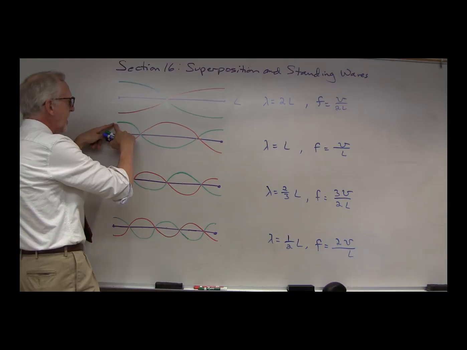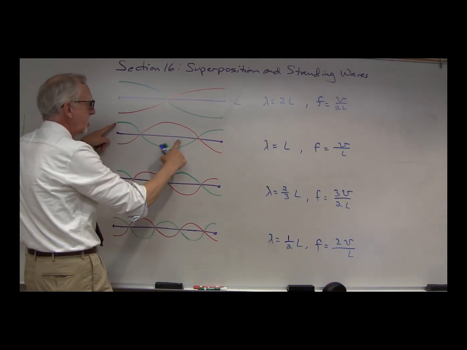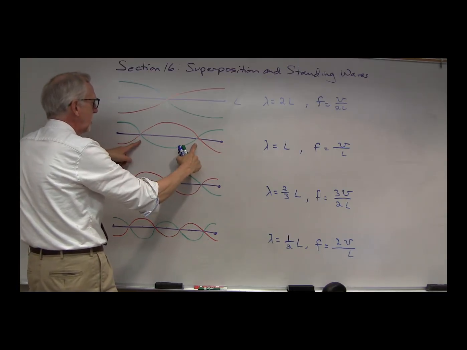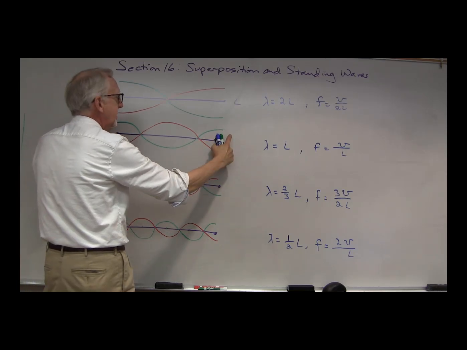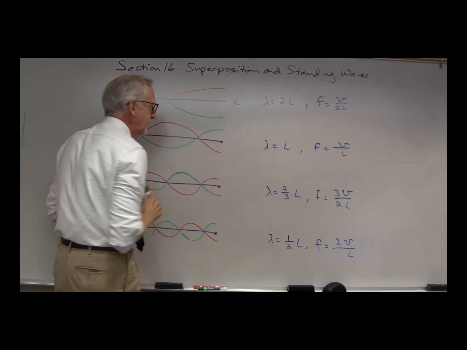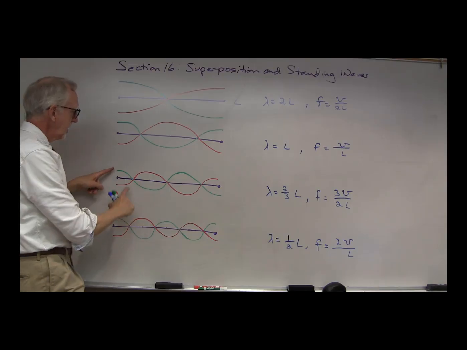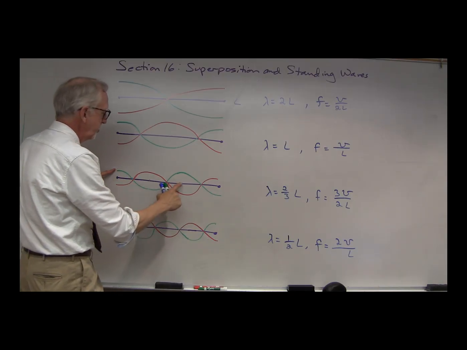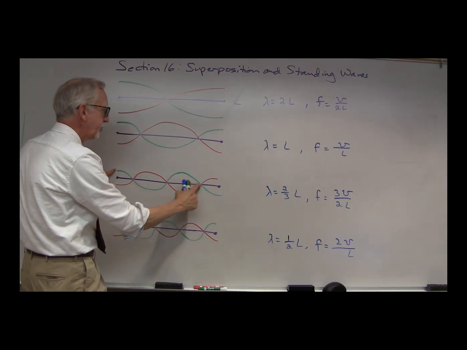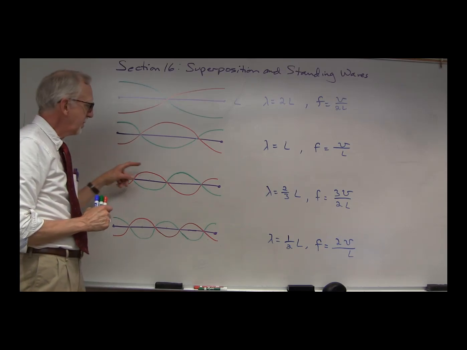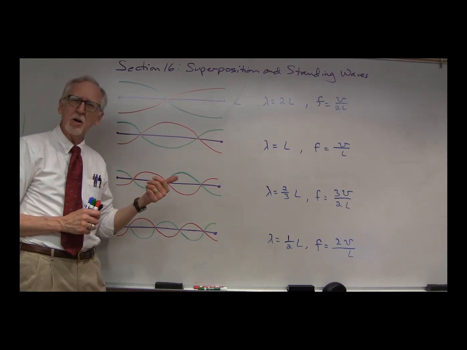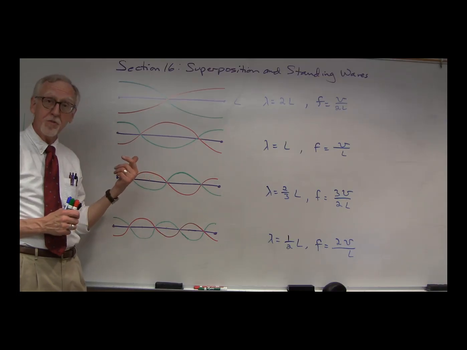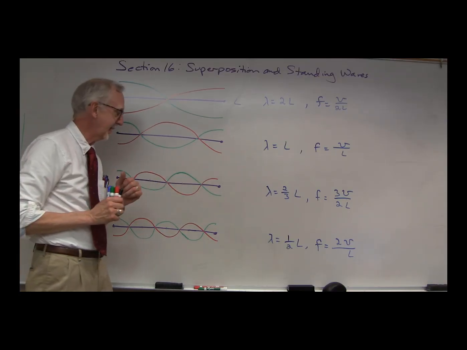For this one, we've got antinode, antinode, antinode, and 2 nodes. That makes 1 complete wavelength, so the wavelength is just the length of the chain. Here we've got 4 nodes and 3 antinodes. You might notice that the number of nodes and antinodes has exactly reversed from our first situation where we had 2 fixed ends.